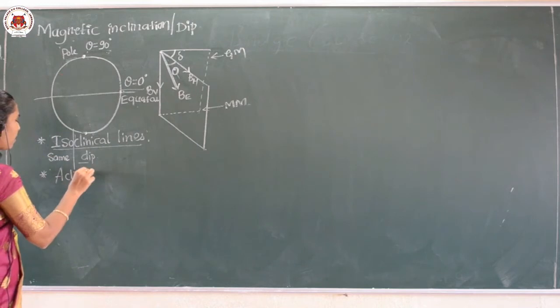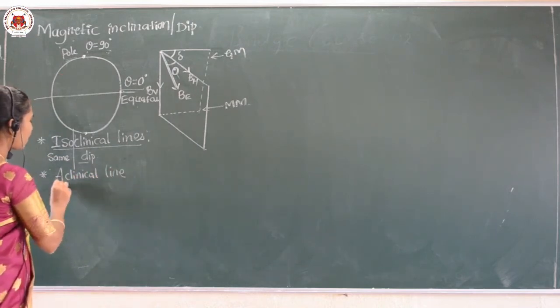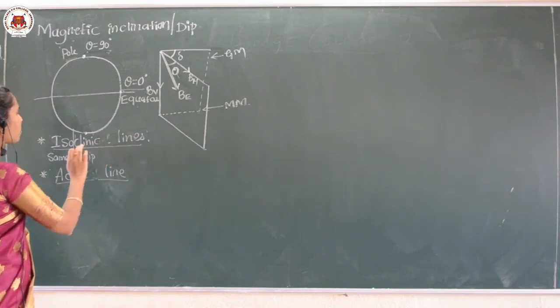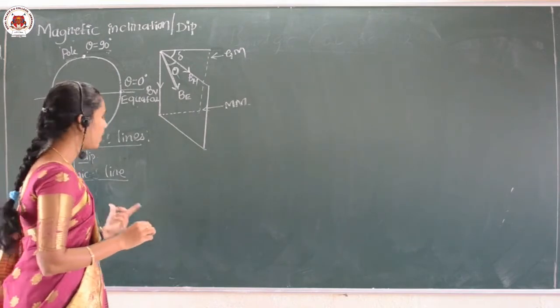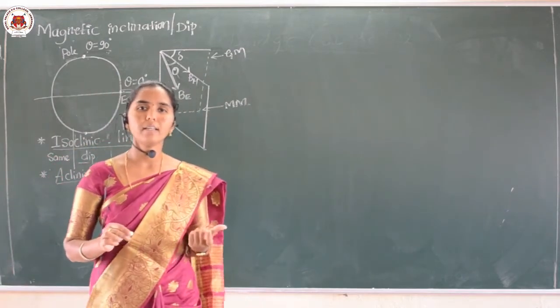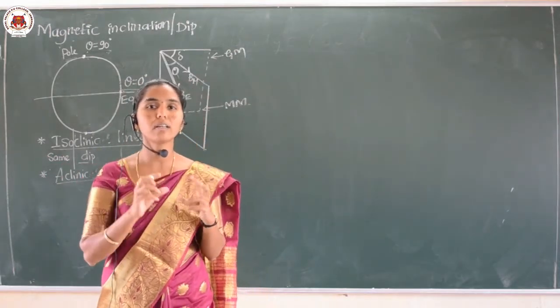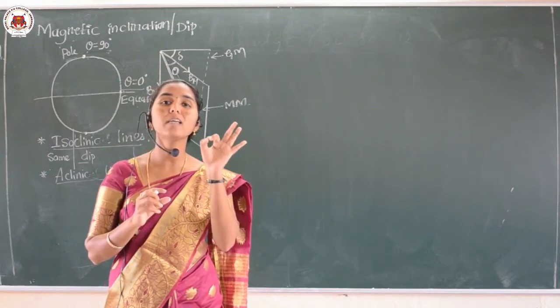Then moving to another line, that is the aclinic line, or you can say aclinic lines. What is an aclinic line? The lines drawn on the earth map joining the places of 0 dip.